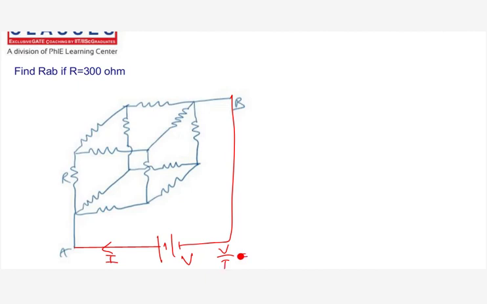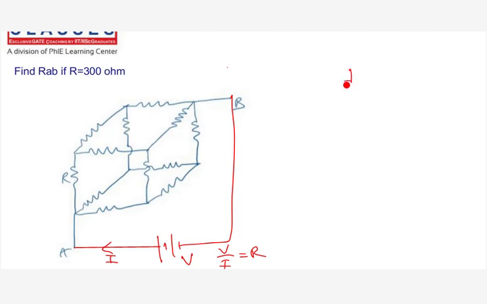All these resistances are equal to R. So with equal resistances, what have we seen? If I have two equal resistances and the current here is I, what will be the current here and here? Using the current division rule, these two share current equally, I by 2 and I by 2.